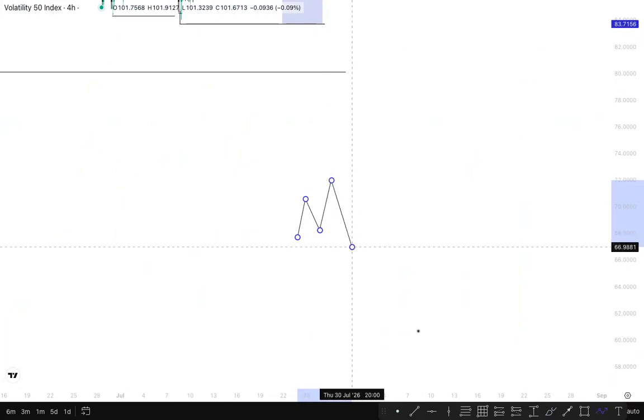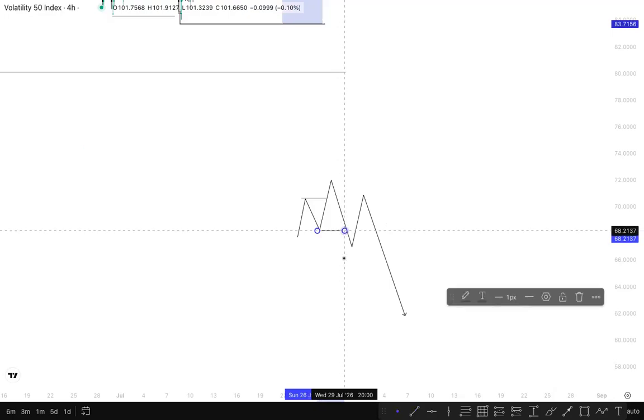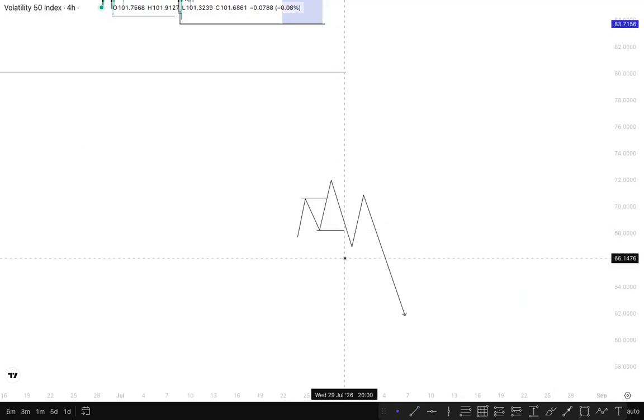This is our entry confirmation, which simply means price taking out this LTF, giving us a stop hunt, and also shifting structure to the downside, coming back either to our breaker block or our order block. If the breaker block aligns inside the premium zone, and also the order block.